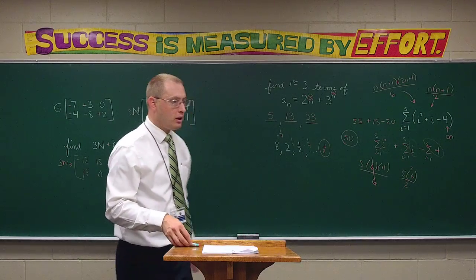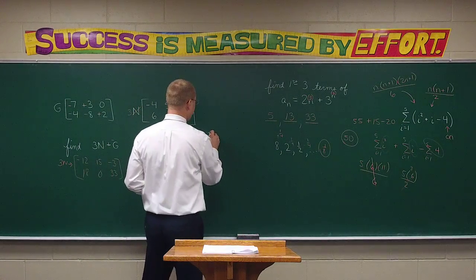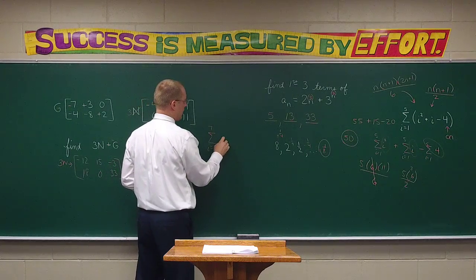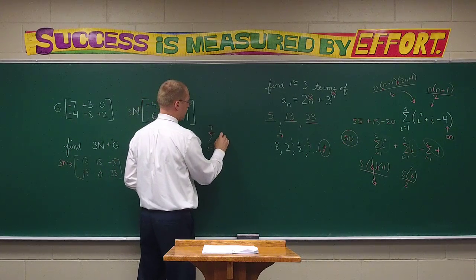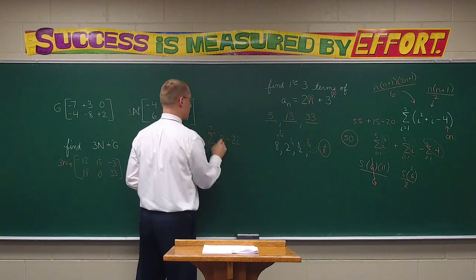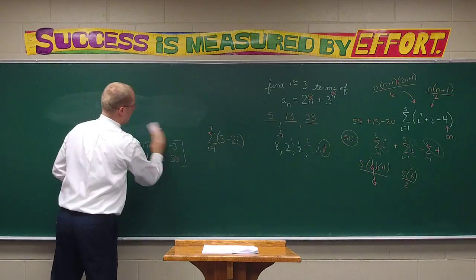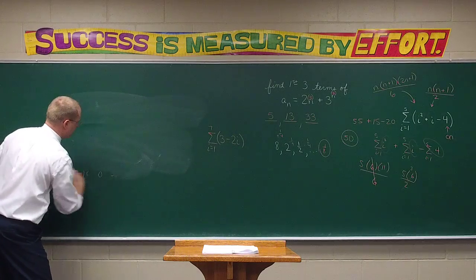Yes, ma'am. Let's take a series from 1 to 7 of 3 minus 2i. First of all, I need to split it up. Genesis, how would I split this up using the distributive property?